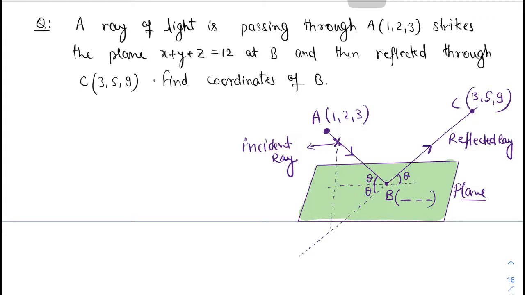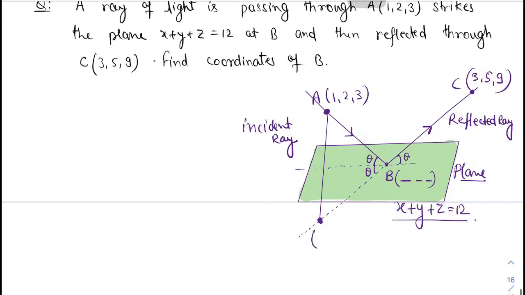Let me take any point on the incident ray. Let us consider point A, because A is also on the incident ray. Let us write the image of this point A in the given plane, x plus y plus z equals 12. How can we write the image of any point in the plane?